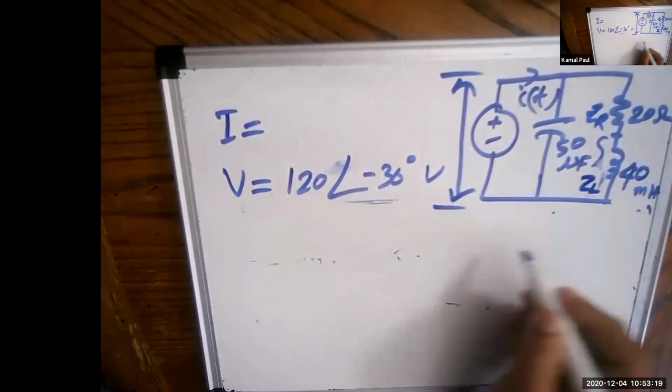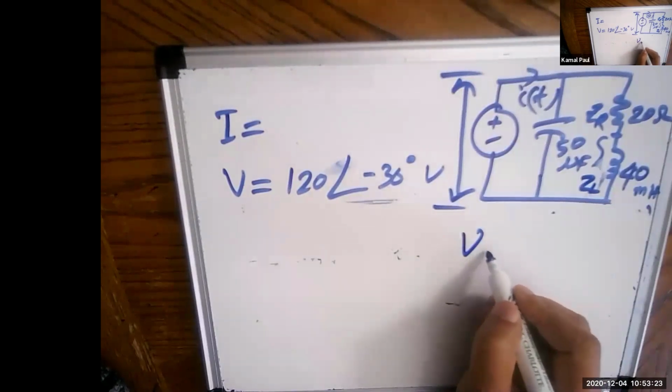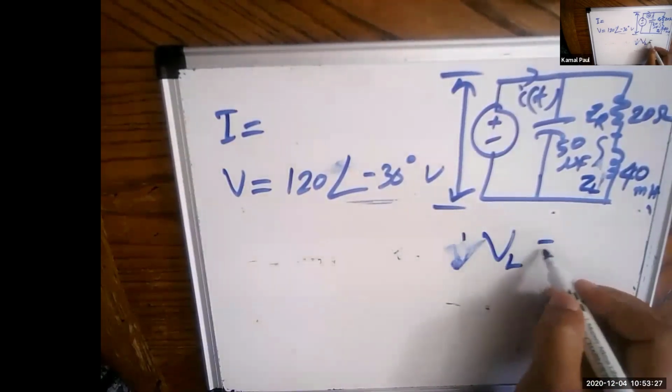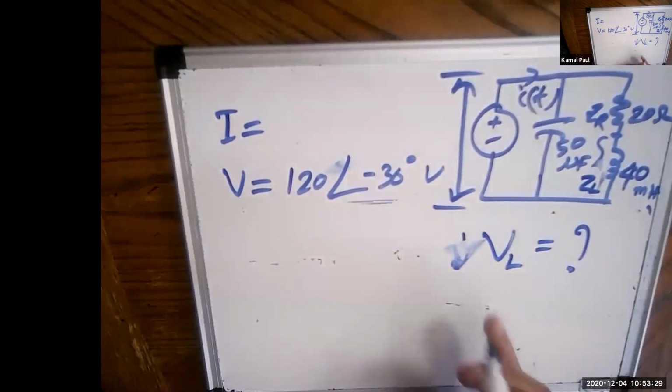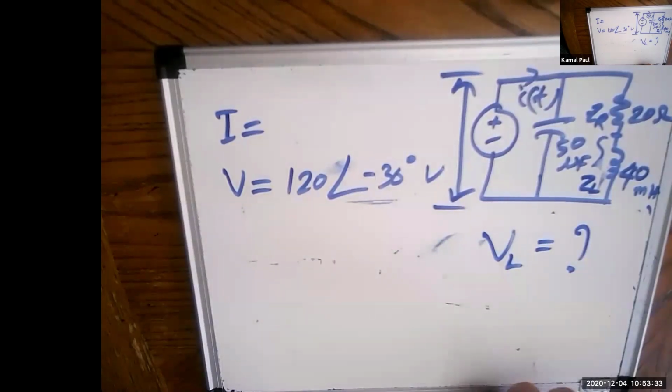How will you find the voltage across V? So V of L is equal to what? Would you use voltage division? That's right, that's what I want from you.